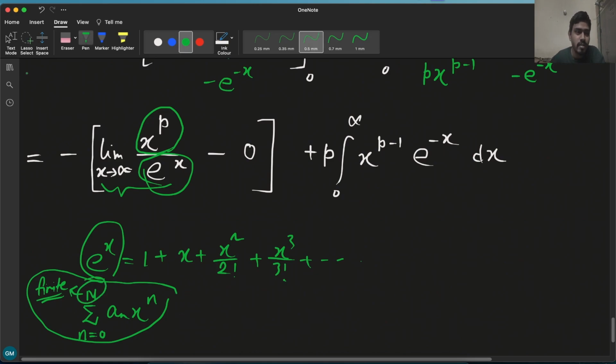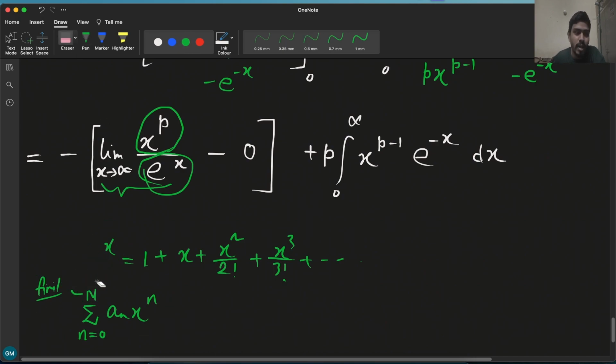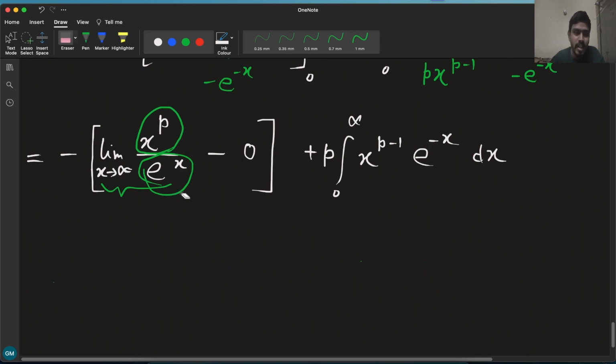That's one way. That way basically says that e to the power x will go towards infinity much faster. So in that case, x to the power p divided by e to the power x will go towards 0, right? Another way is to just use L'Hospital's rule.